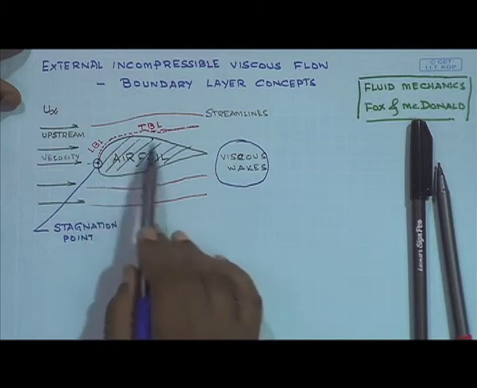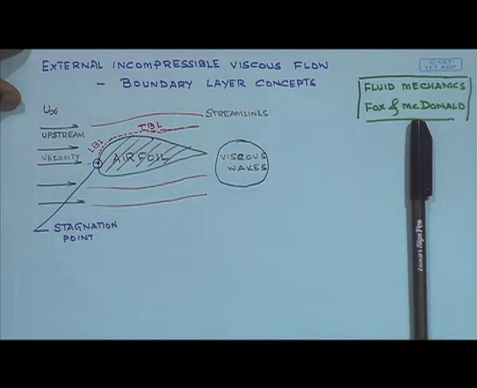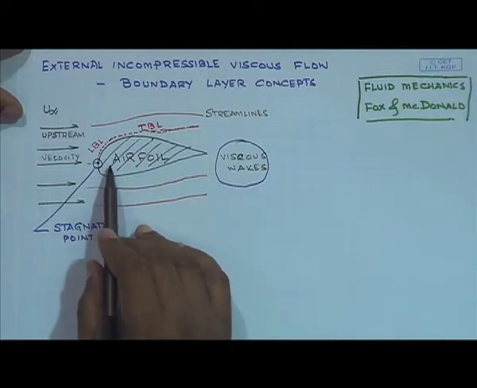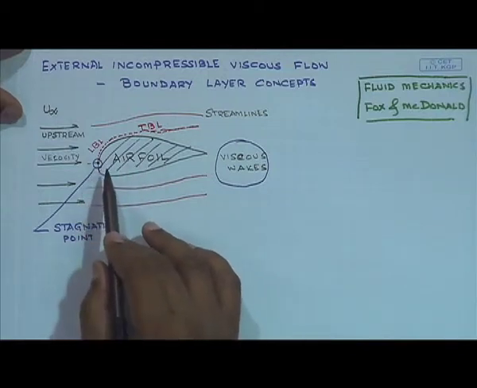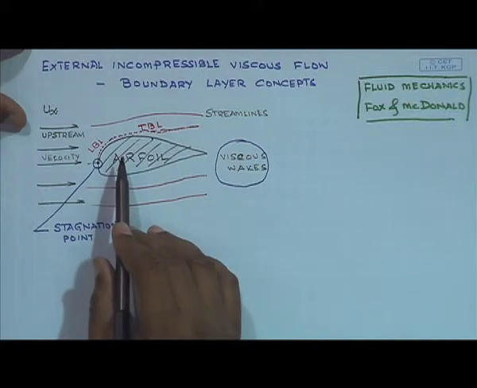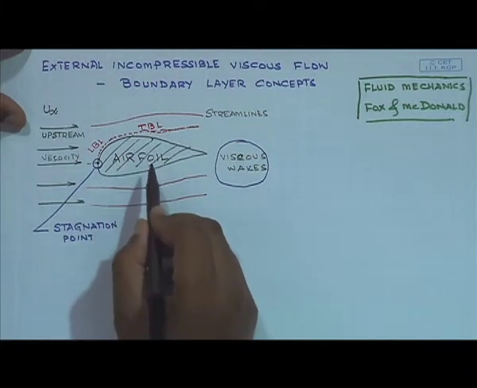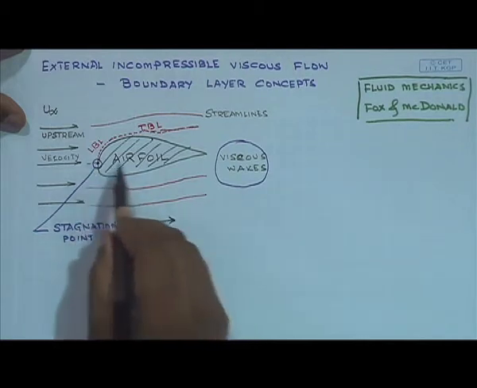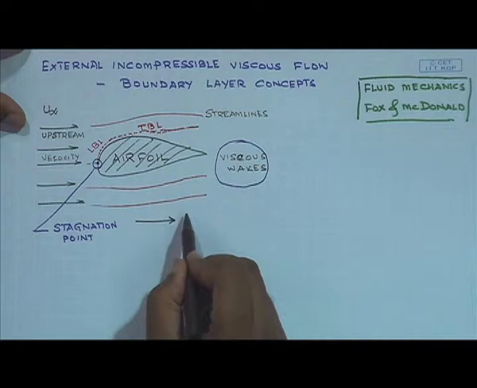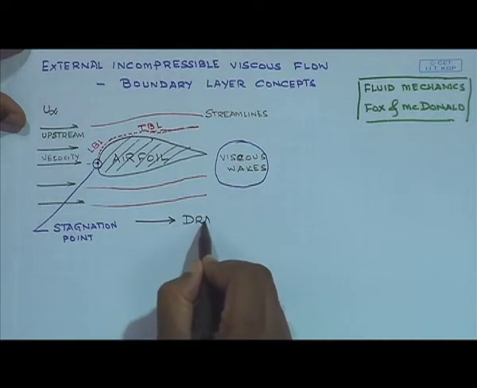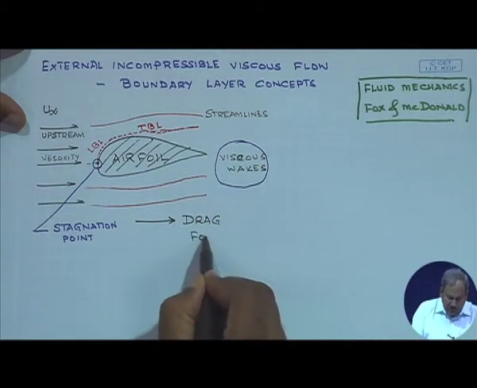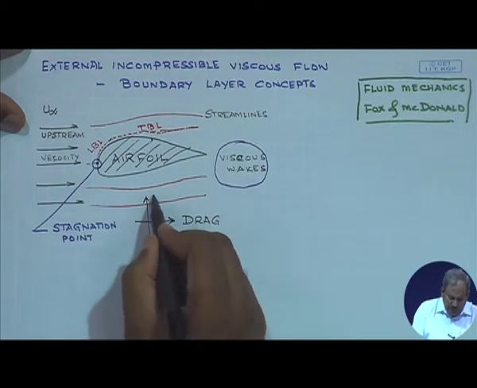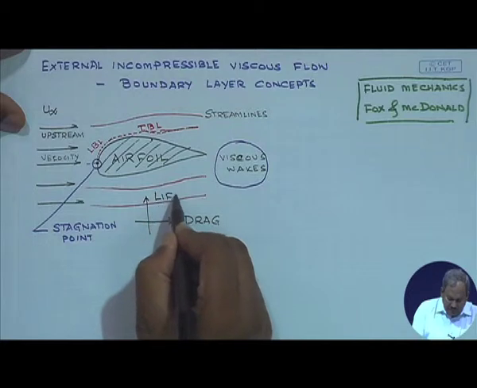So we all know how the aeroplane lifts off from the ground, and the forces which are experienced by the airfoil because of its shape. There is going to be a component parallel to the flow of air, which is called the drag force, and there would be a component perpendicular to u infinity which is known as the lift.